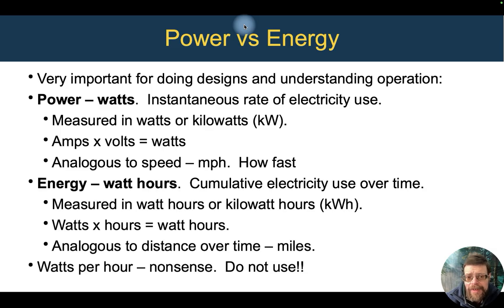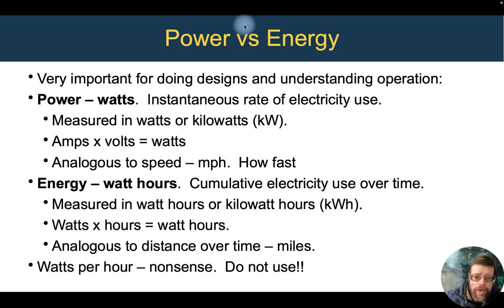First, when we're doing backup power, we need to think about the difference between power and energy. This is very important when we're doing our design and understanding the suitability of this equipment for different purposes.